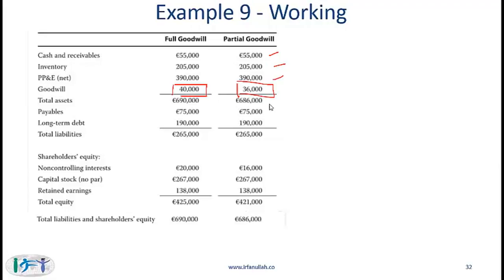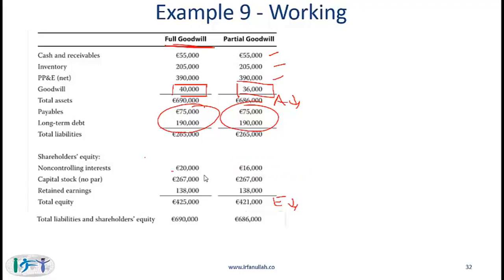So the asset amount is lower with the partial goodwill method. Liabilities are the same with both methods, and since liabilities are the same, then equity has to be lower with the partial goodwill method. That equity is lower because the non-controlling interest is lower by 4,000.